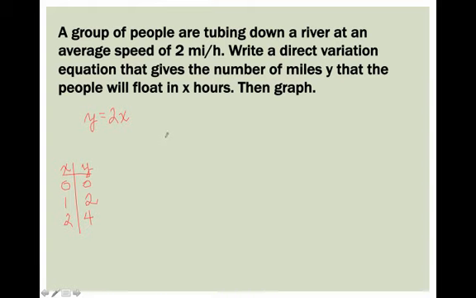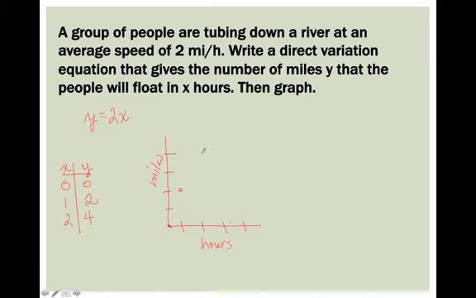So let's go ahead and graph the information that I've got. I'm just going to draw a rough graph. I know that my x is my hours, that's my independent variable, and my y is miles, my dependent variable. Here I am at 0, 0, and at 1 hour I've gone 2 miles.